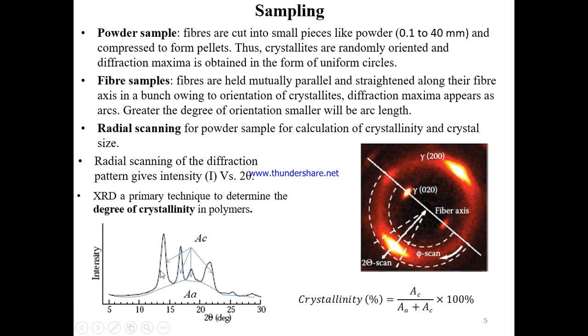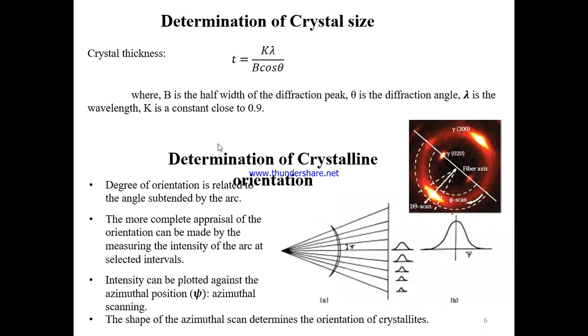Now, if you want to measure the crystal size at this peak position, then you need to measure the half width. This is the B, the width of the diffraction peak at half of the intensity. If this is the full intensity, at half of the intensity of this peak, the measured width of the peak is actually the B, that is the half width of the diffraction peak.